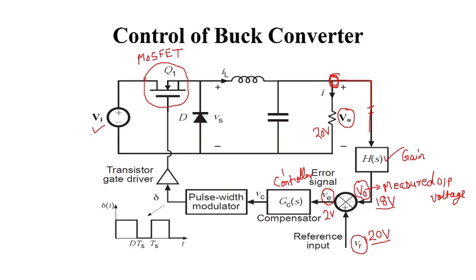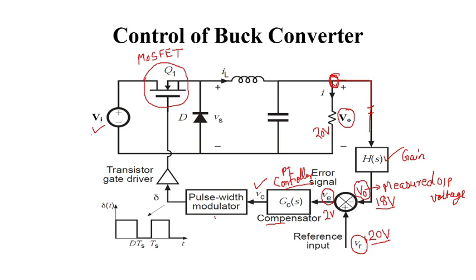In most drive circuits it is a PI controller. It can also be called a compensator. So depending upon this error signal, this controller gives the reference output voltage. What should be the reference output voltage? It will give that.